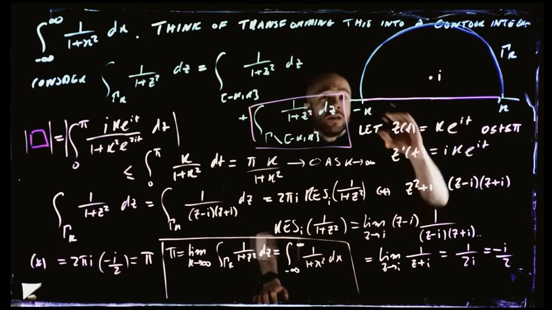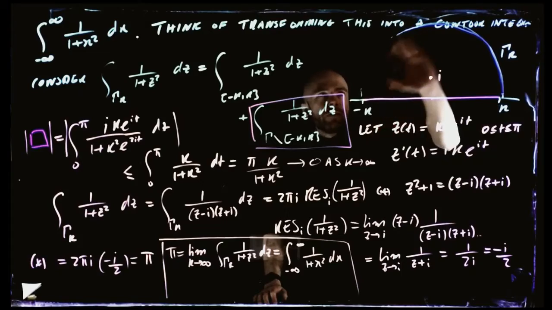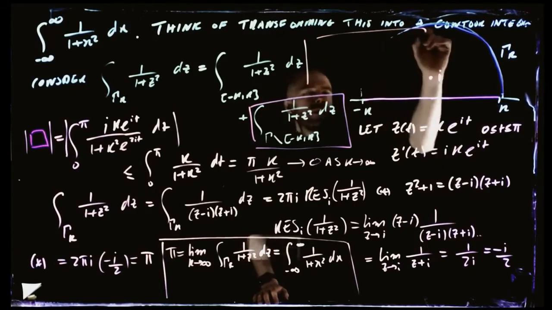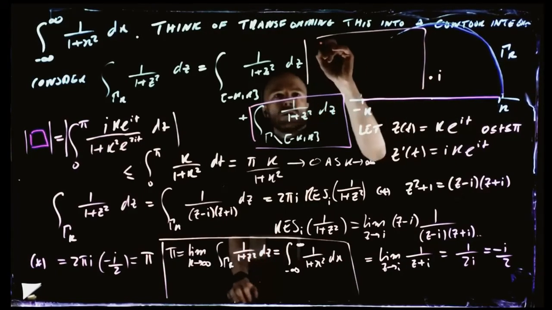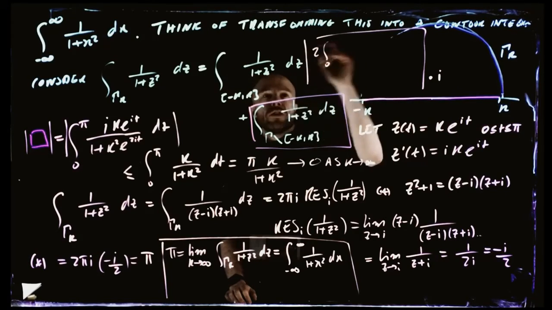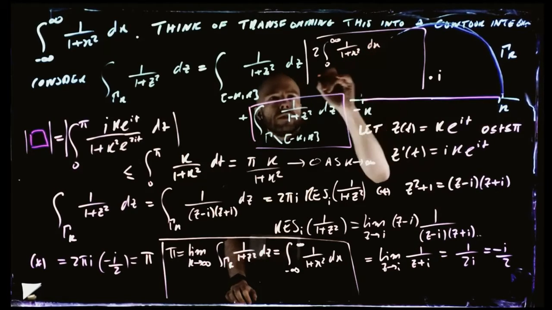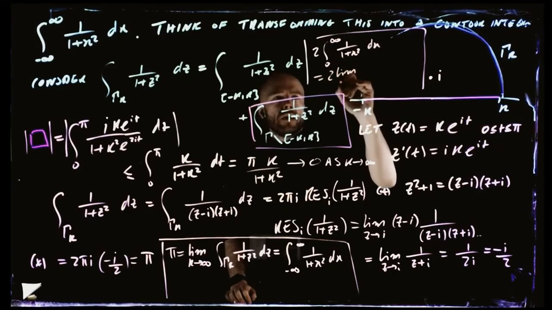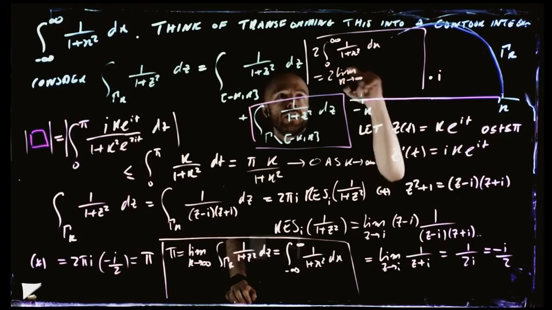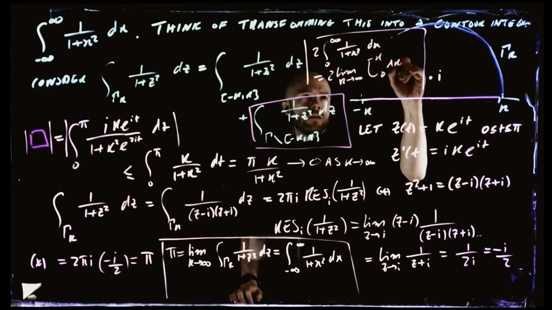Now let's see what calculus tells us. Let's see if mathematics is consistent. So this is an even function, so this is 2 times the limit as r goes to infinity. The antiderivative, as you people told me, is arctan.